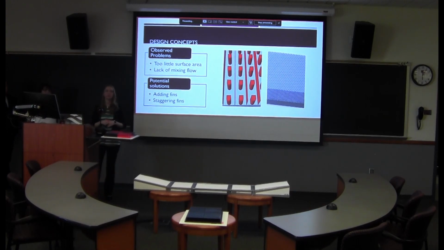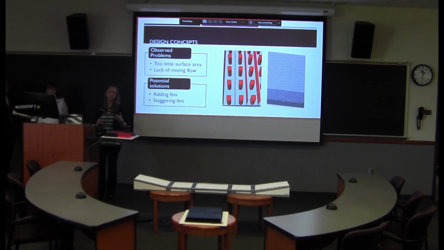Some of the problems that we encountered in our calculations and experimenting this semester were that, as you can see, the original design is a lot of surface area. It's essentially a solid block of material. So trying to match that with any pin design was very challenging to get that same effective heat transfer area. Another problem that we faced was a lack of mixing flow.